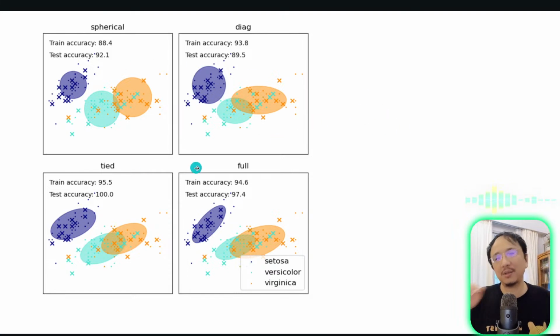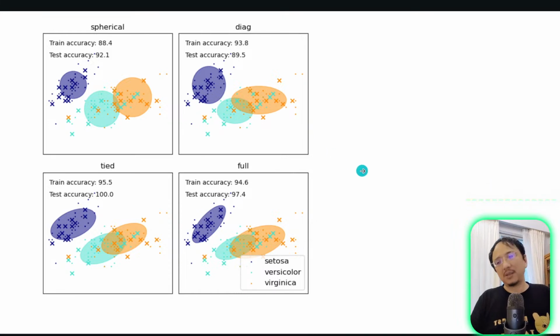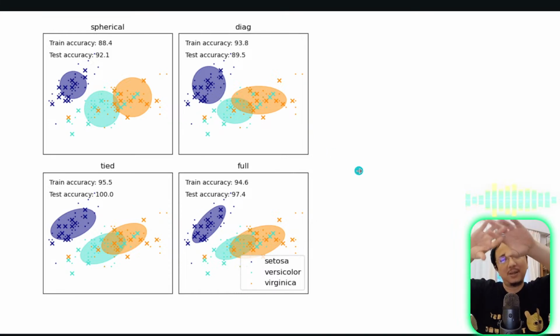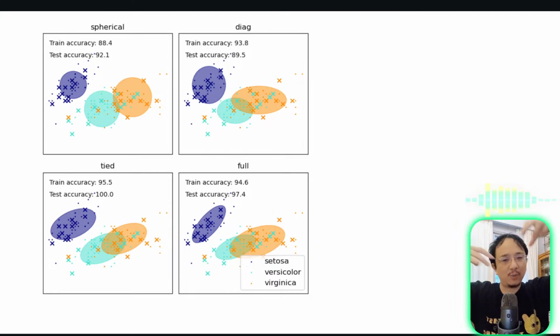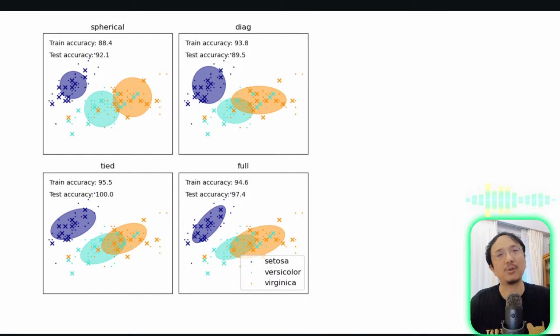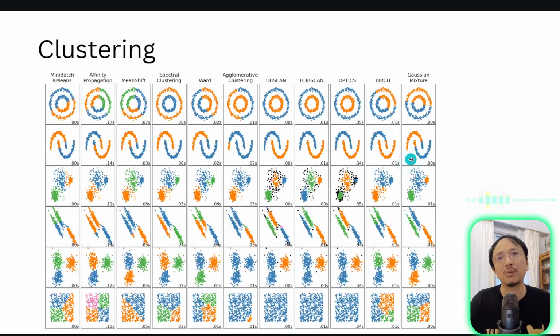So there are different assumptions you can use. A lot of the time, if you see that the distribution has two modes or many different modes, then you probably should use Gaussian mixture models to fit it.